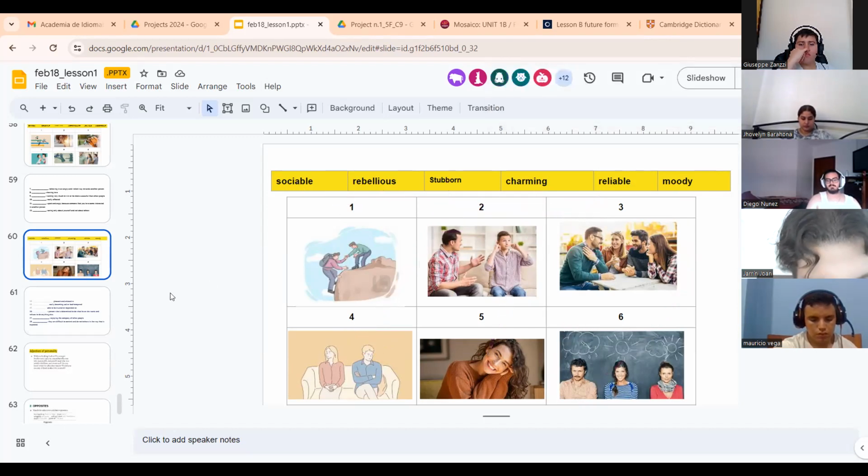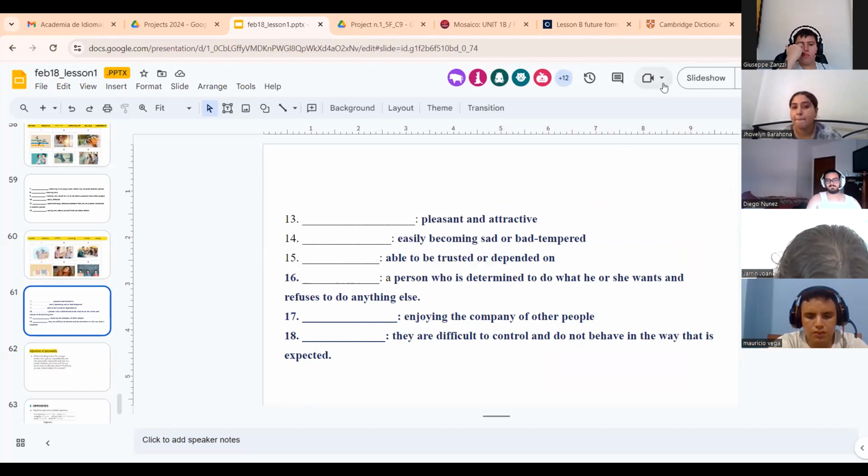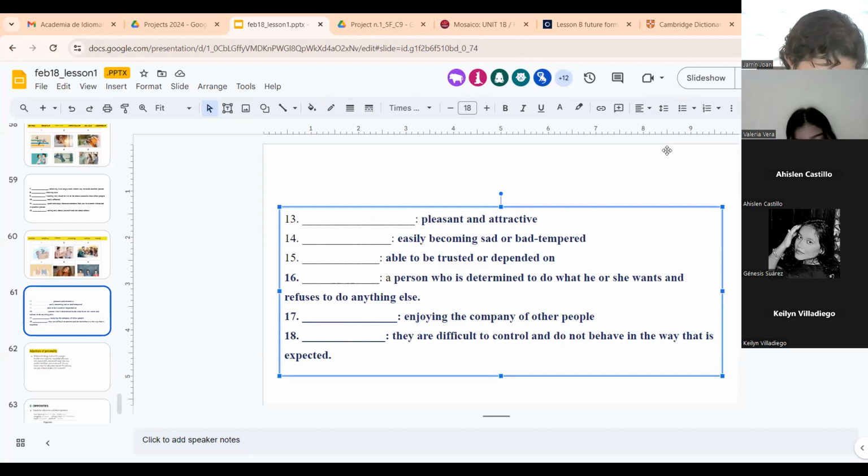Okay. Let's continue. We have definitions. This is the last part. Mauricio, number 13. Charming. Yes, charming, pleasant, and attractive. Genesis, 14.